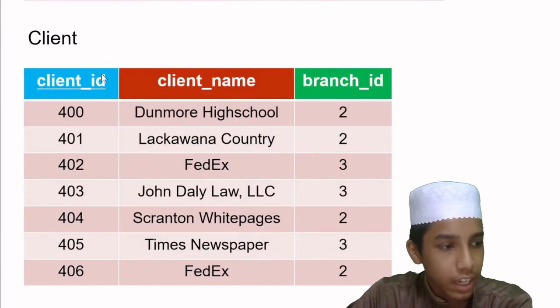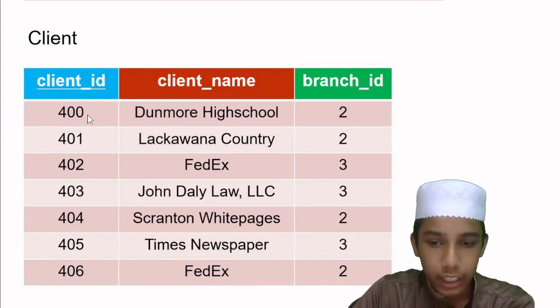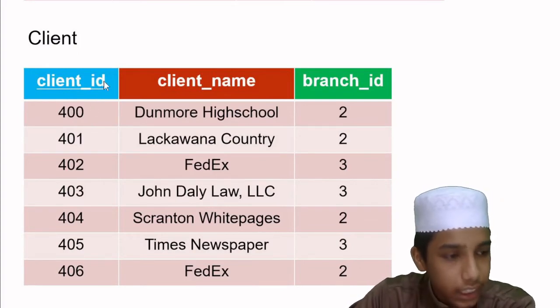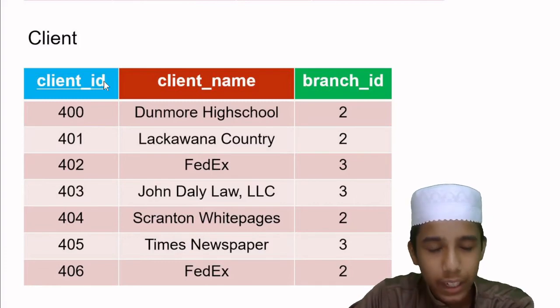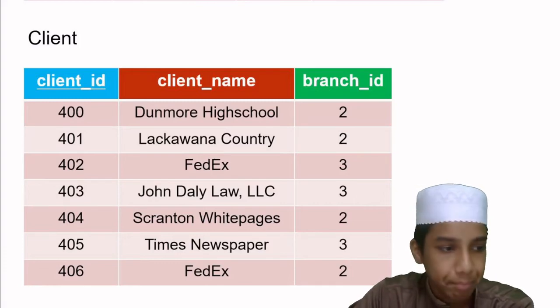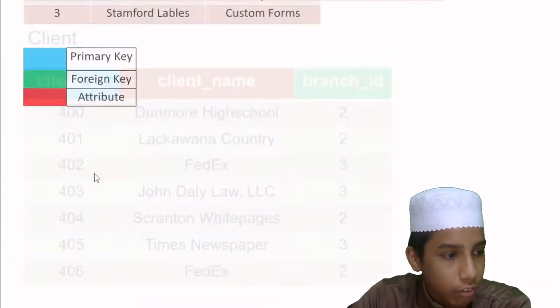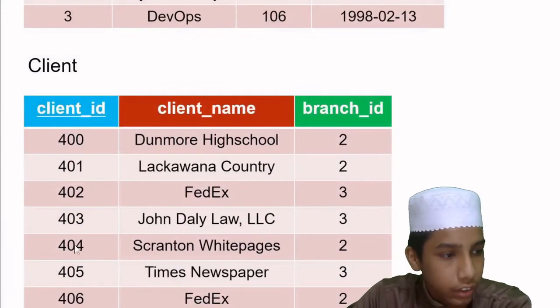Then we have the client table, and in that table we have client ID, client name, and the branch ID. The client IDs are 400, 401, up to 406. This is the primary key of this table, and branch ID is the foreign key of this table.